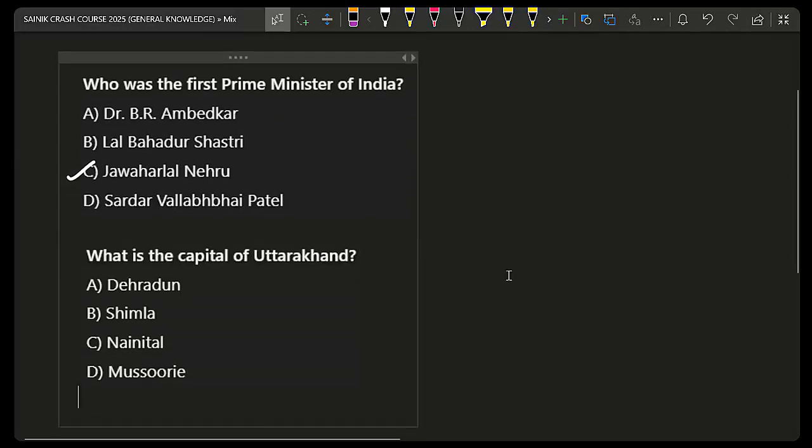Next question is, what is the capital of Uttarakhand? Okay, all of you can try this question now. What is the capital of Uttarakhand? Dehradun, Shimla, Nainital, Mussoorie.